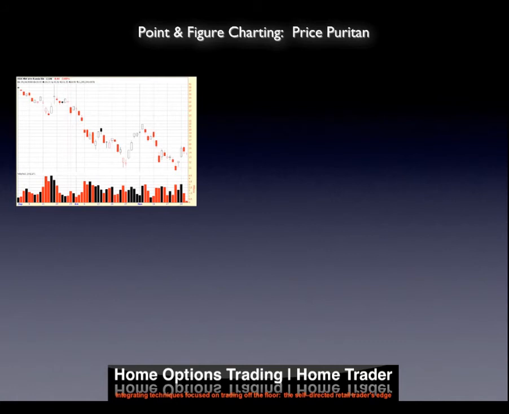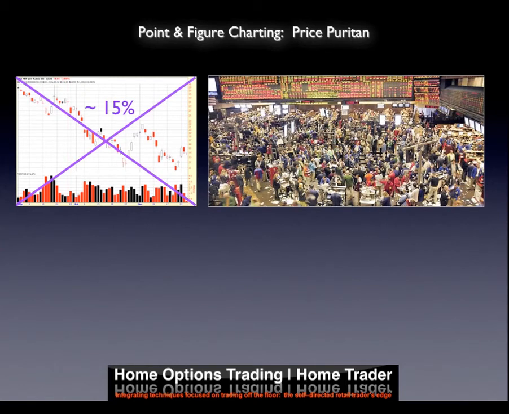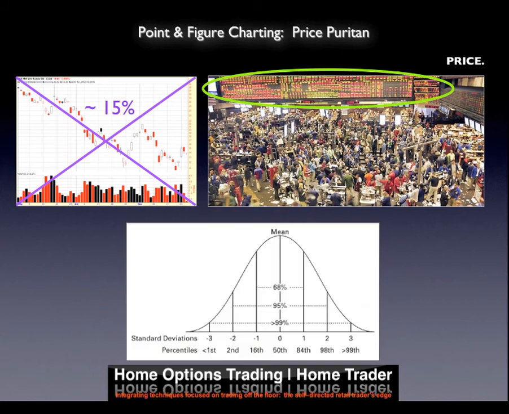Their use of the term everyone translates into retail off-the-floor traders, which only makes up 15%, in some cases even less, of traded volume on exchanges depending on which exchange it is, which raises the question, what are the eyes of those on the floor, moving 80+% of traded volume looking at? Price and price alone. You must be able to relate price to percentiles of a standard deviation curve.